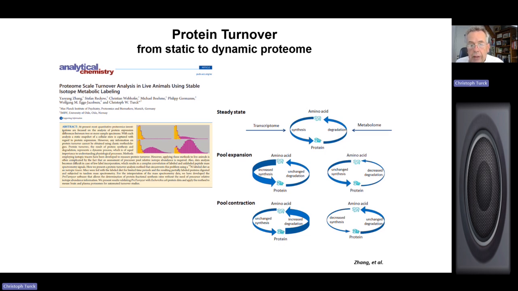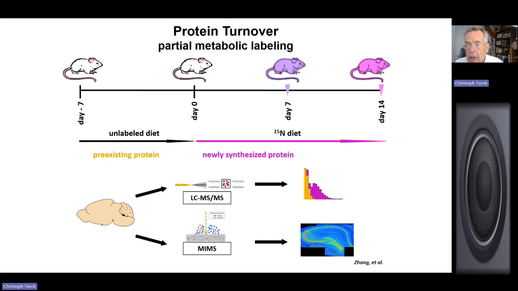Now, we had to change our labeling strategy, of course. We could not do this with fully labeled mice. But what we did instead is we took adult mice, feeding them first with unlabeled diet, also to adjust them to the Ralstonia eutropha-based diet, where you have the pre-existing unlabeled protein. Then we call this day 0 here.